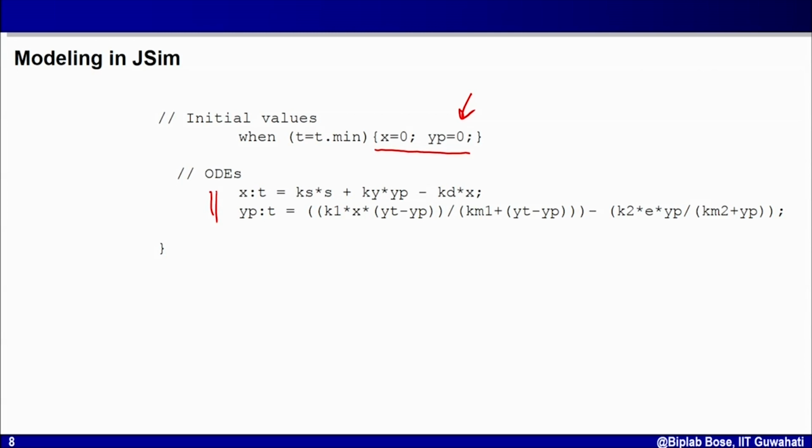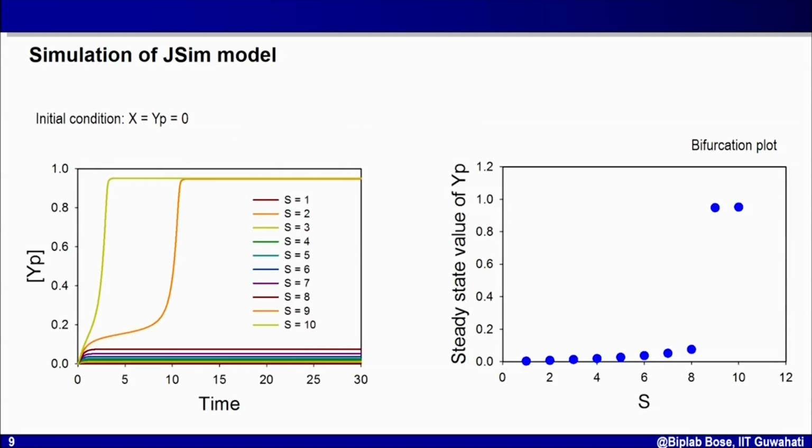This code you can write in your own JSIM model and try to simulate the way I will show the simulation now. What I have done first, I have simulated this model with the initial condition where both x and yp are equal to 0, and I have varied s using the loop option. If you remember, JSIM has a loop option. And I have plotted the data. Look at figure 1, this one.